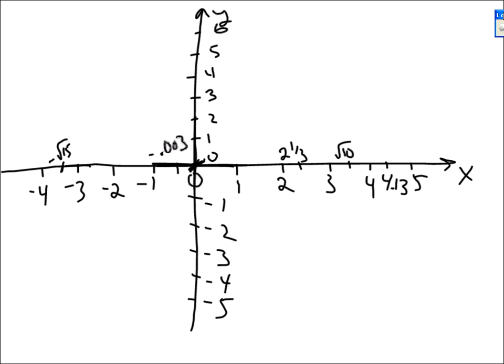There's -3.5, there's -9.4, there's 11.3. But since we have limited space and time, we'll just list the counting numbers. But there are other numbers.